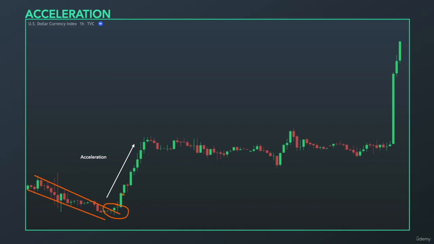And if you entered here and then you see price accelerating to the upside, that is a sign that you can hold your trade for much longer. So after this acceleration, price entered into correction and then accelerated again.